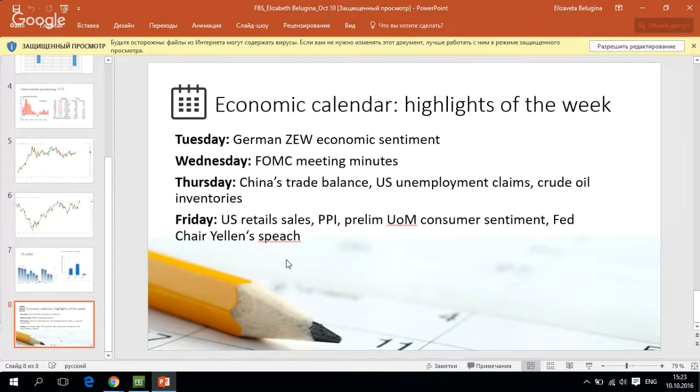The latest data from China weren't big market movers, but in my opinion, trade balance is probably the main thing which is important for Forex traders, because China has strong trade connections with some of the major economies, and probably the greatest impact of China's trade balance will be on Australia and New Zealand.